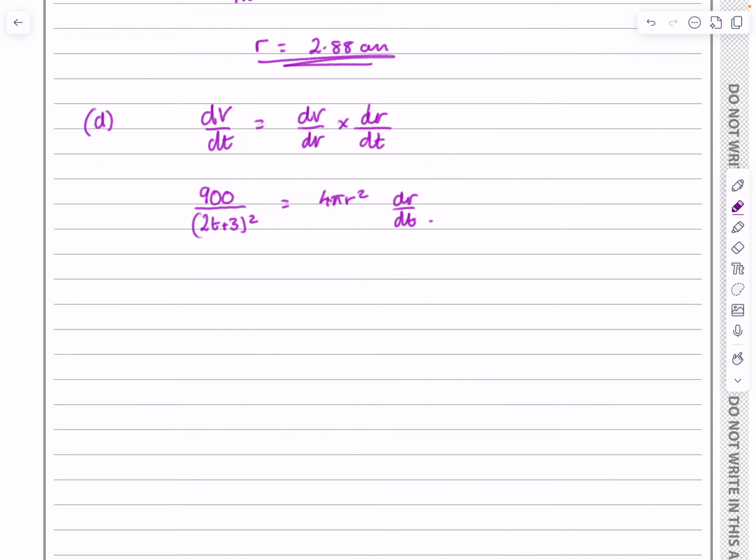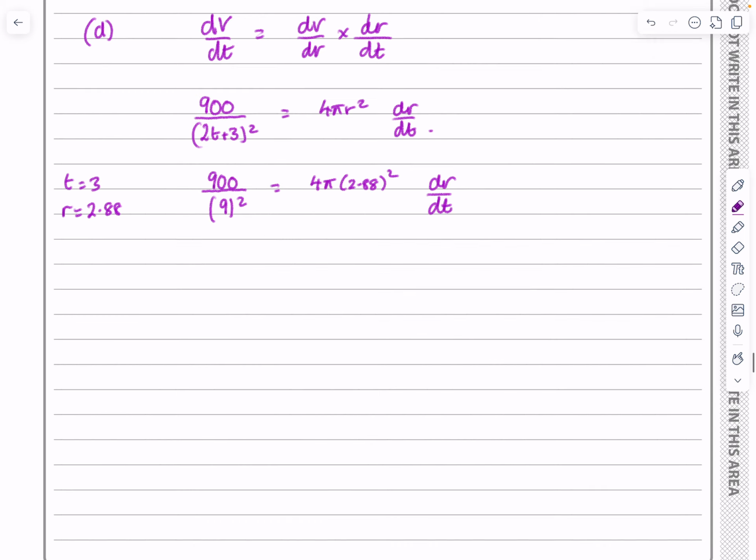So if you plug everything in here, we're going to have 900 over, t is equal to 3, r is equal to that 2.88 that we just found. So I'm going to have 900 over 6 plus 3 squared, that is equal to 4 pi 2.88 squared. Use the exact value there.